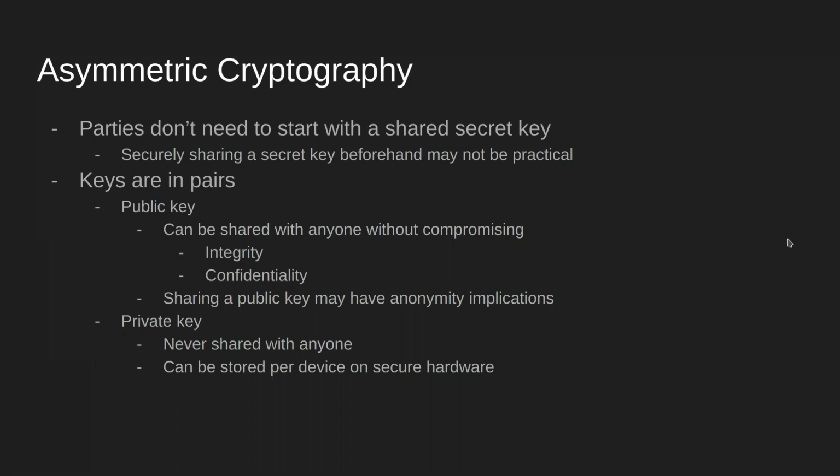Asymmetric cryptography is different from symmetric crypto in that there is a key pair, where there's a private key and a public key. The public key is shared, and the guarantees made by the cryptographic protocols hold even if anyone knows the public key.